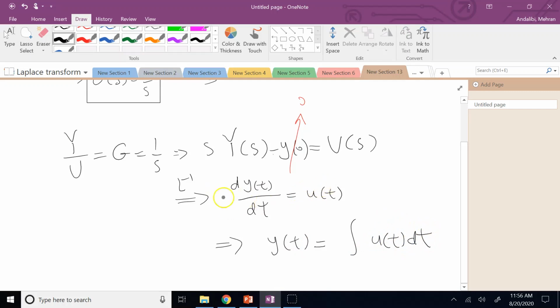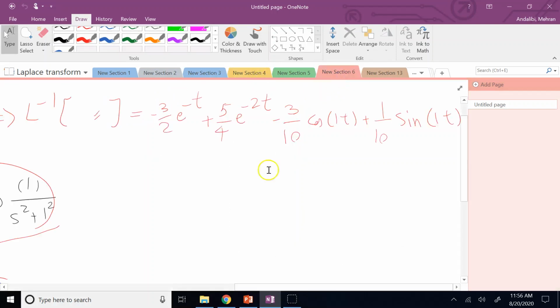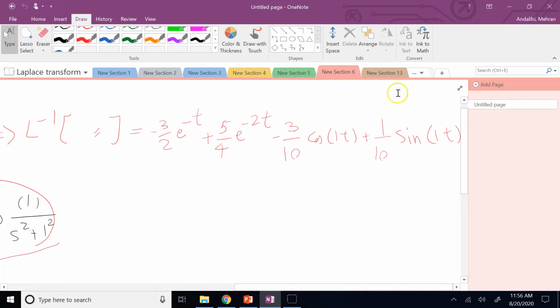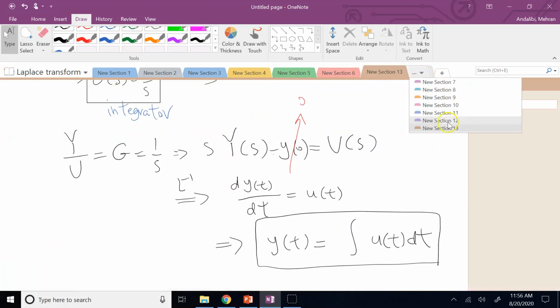Just multiply both sides by dt and integrate. So what is the system doing? It is integrating the inputs to give you the outputs, right? So this block is an integrator, right? We saw in the previous example of the causal system that, where was that? Here.